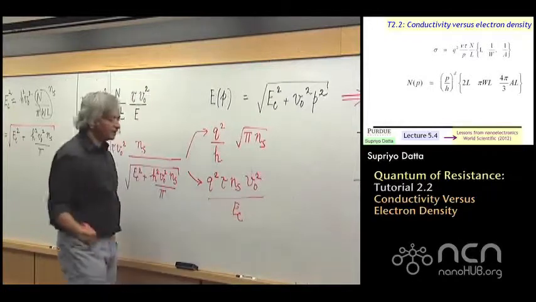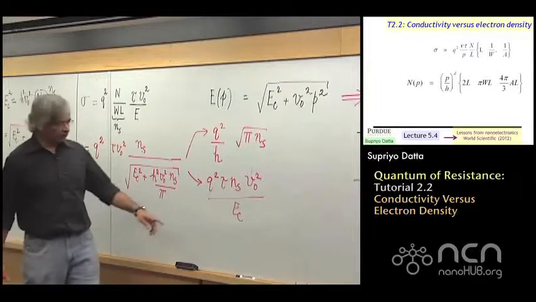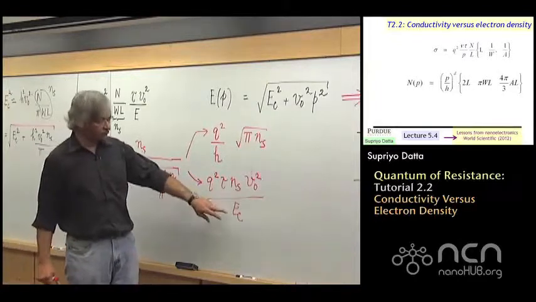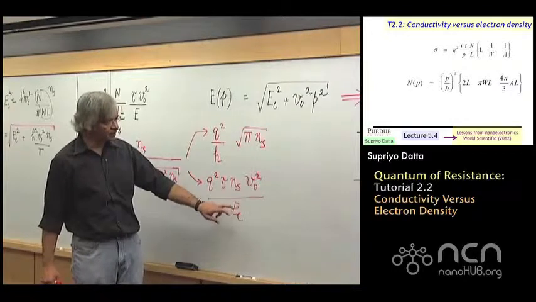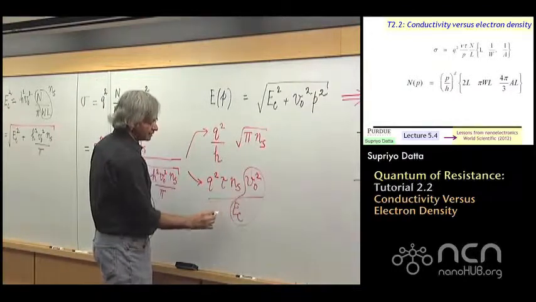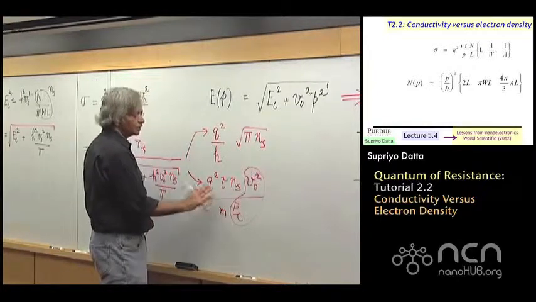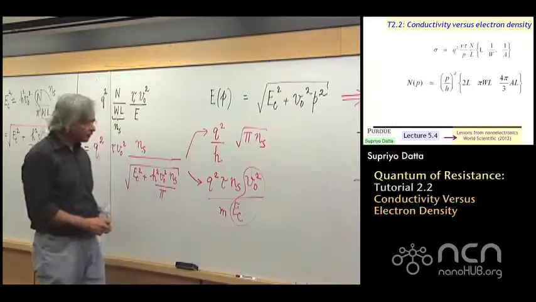As I explained in tutorial 2.1, this quantity EC over V0 square can be interpreted as mass, m, in that context. So this then would be the Drude formula, Q square Ns tau over m.